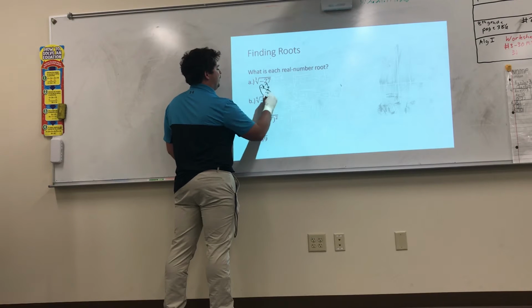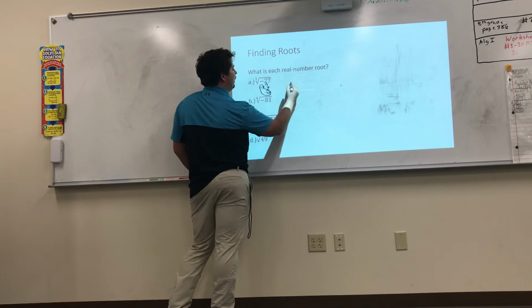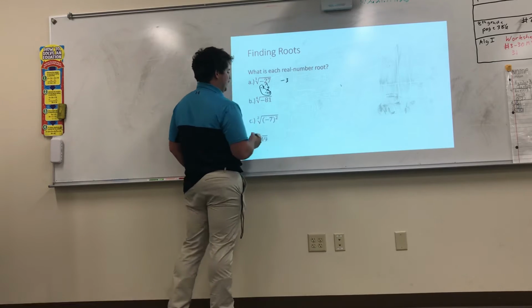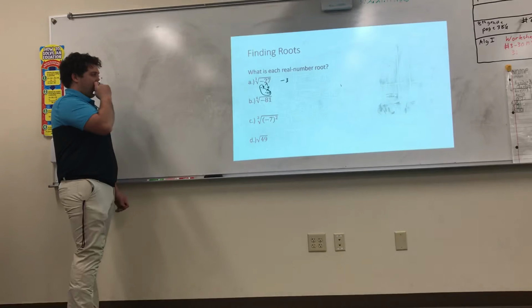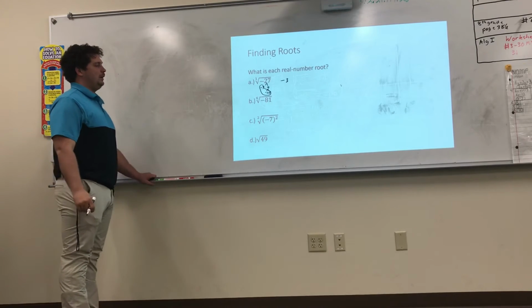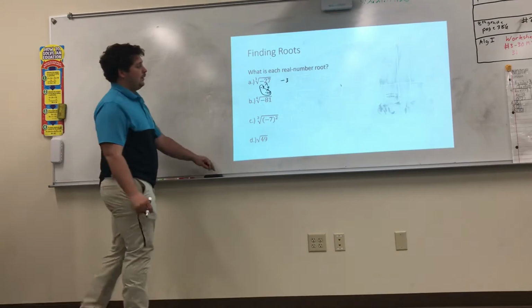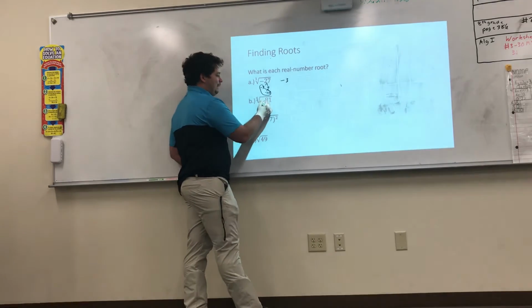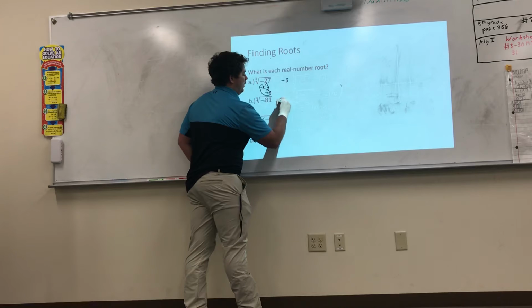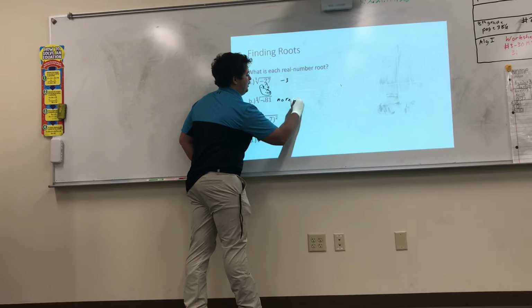There's a group of -3s, 3 of them, which means this is -3. Can we do this one? We have the fourth root of negative 81. Well, this is even, this is negative. That cannot happen. No real roots.